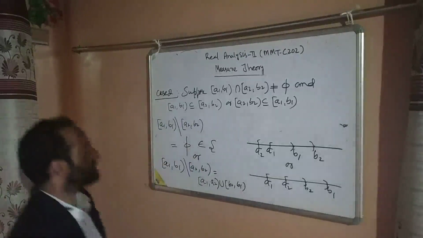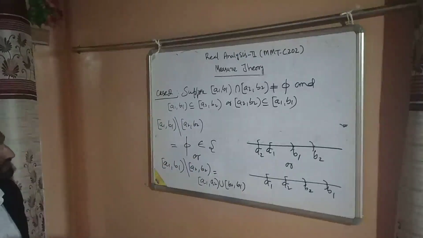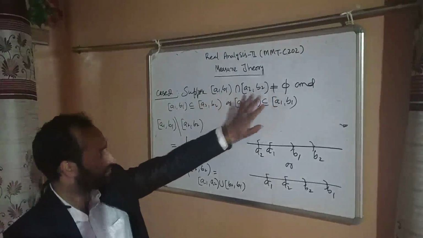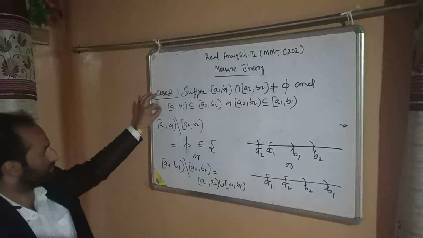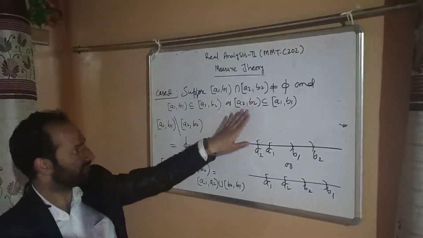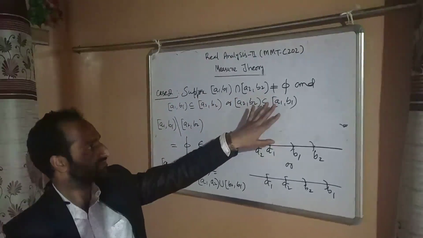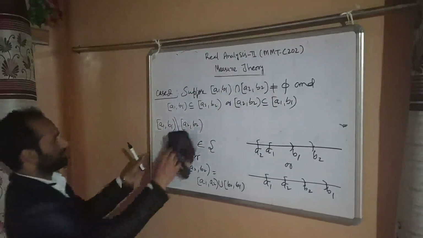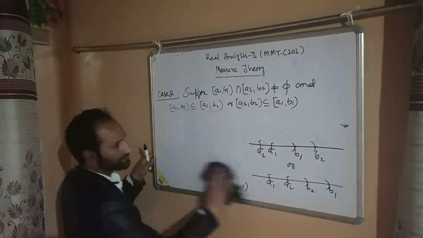Now the last case, that's case 3. In that case, again they are not disjoint, but neither is this a subset of that, nor is that one a subset of this set. But they are intersecting with each other.